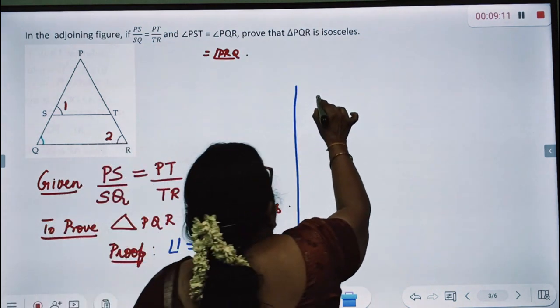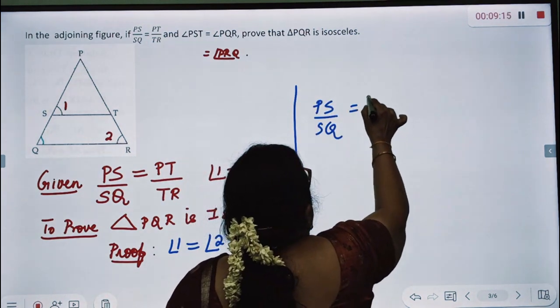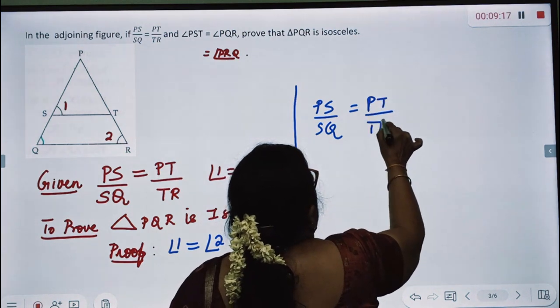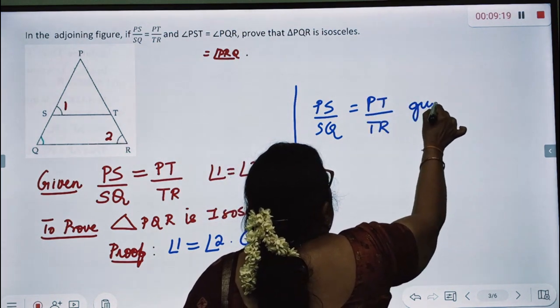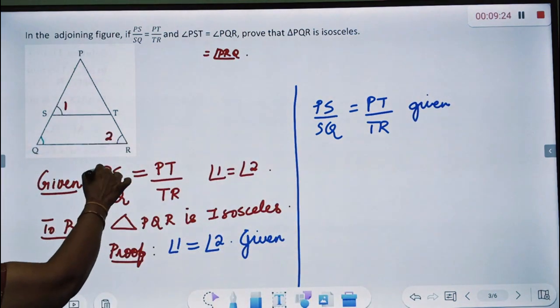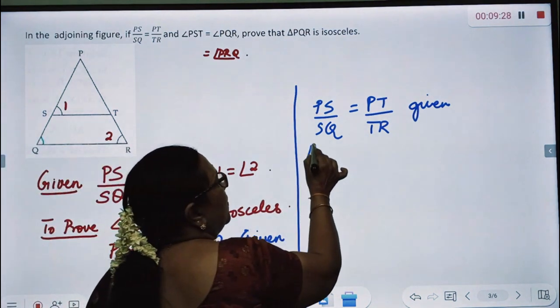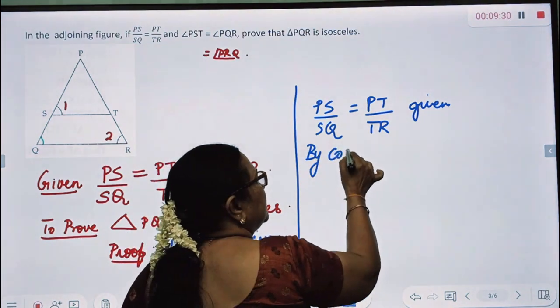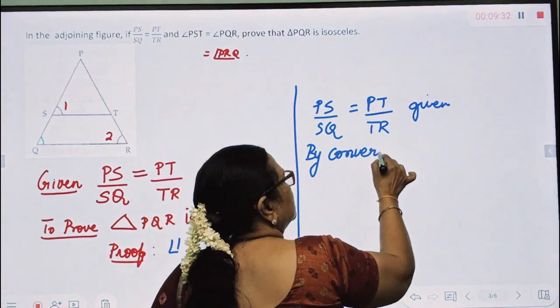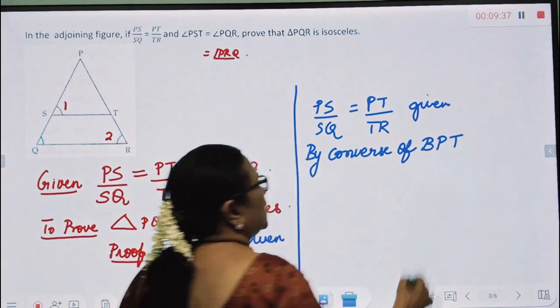Now, PS by SQ is equal to PT by TR. It is given. If two sides are proportional, then by converse of BPT, ST is parallel to QR. So by converse of BPT, what do you observe?